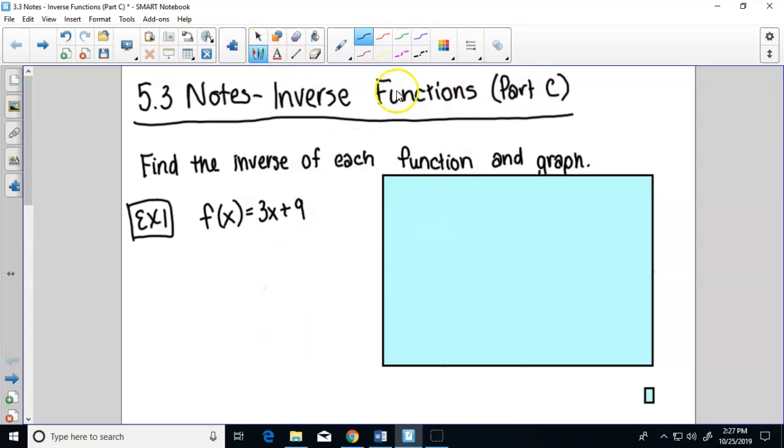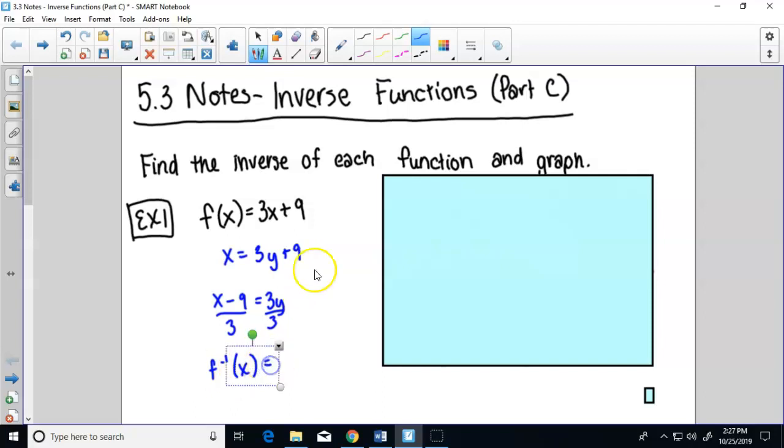If we're going to find the inverse of this function, we did this last night. This one's not a difficult one. Divided by our 3, so our f inverse of x is, for the purposes that I want, I'm going to divide both of these by 3, so that's a 1/3 x.